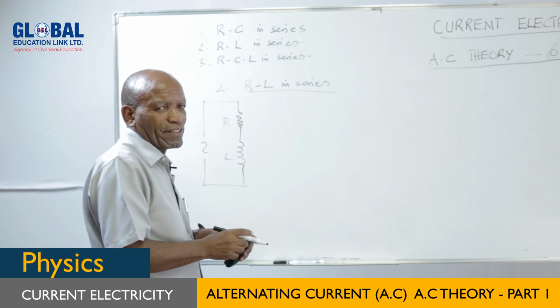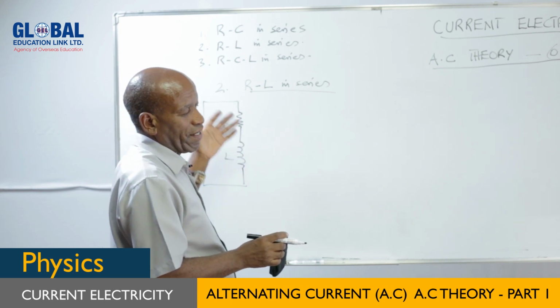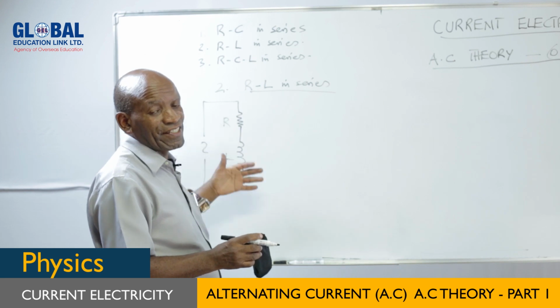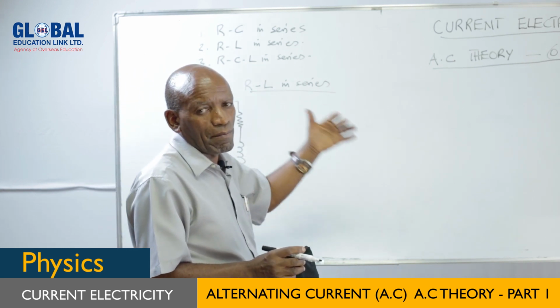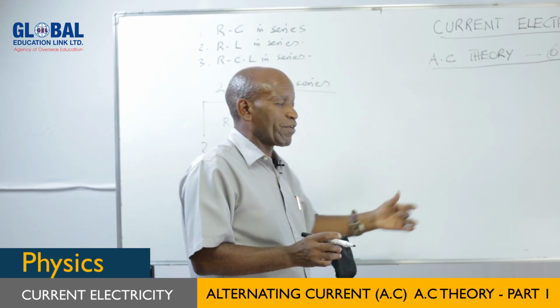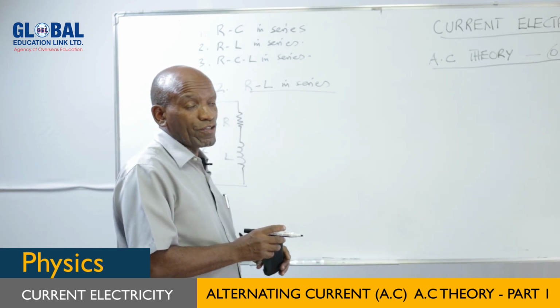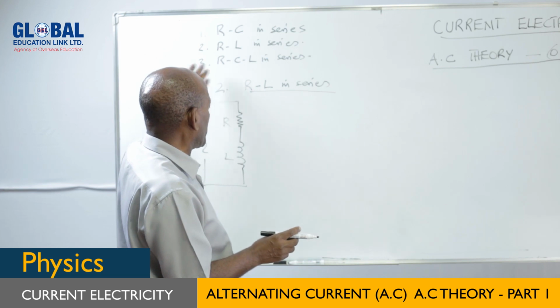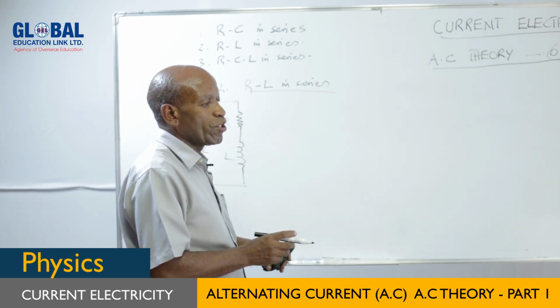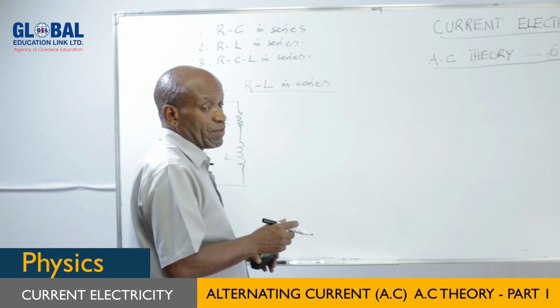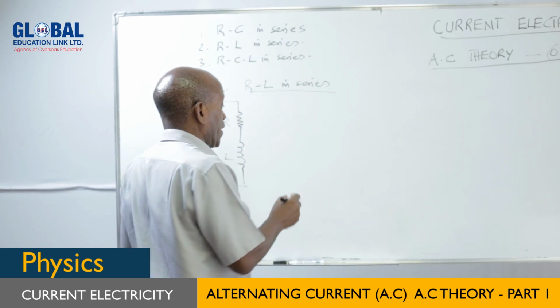So we all know that the current through a resistor and the voltage are in phase. But the voltage through an inductor leads the current by pi over 2. That is a quarter of a circle. And therefore, whenever we have a current crossing through them, we are going to have the effective applied voltage.